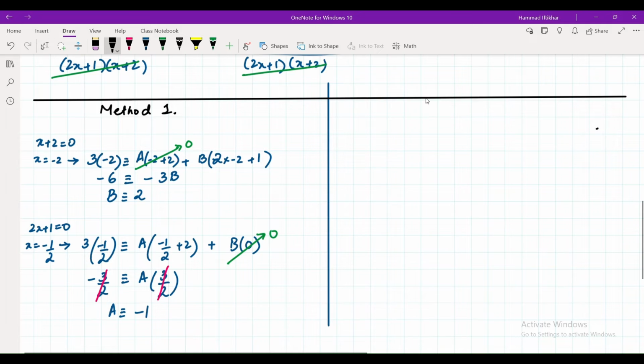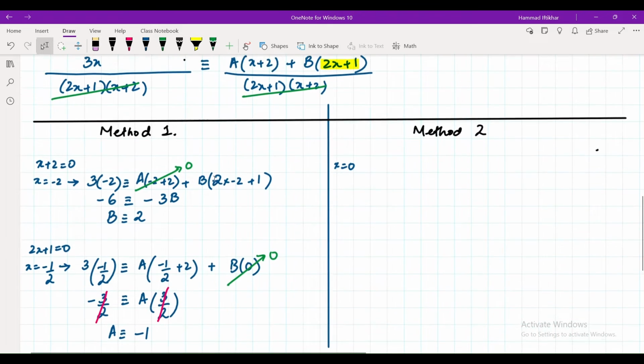Now let's see what we can do with method 2. It's very similar to what we're doing, but instead of choosing the values to eliminate one of the factors one by one, we could choose any values and we would get the same answers. So let's say, for example, I am arbitrarily choosing x to be 0.